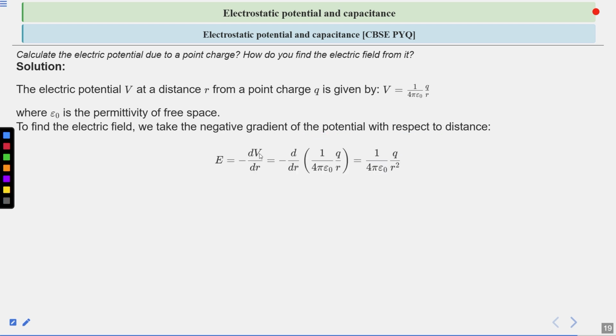So E equals minus dV by dr, equal to minus d by dr of 1 by 4 pi epsilon naught Q upon R. This 1 by 4 pi epsilon naught and this Q are constants, so they come out of the derivative. Only 1 by R remains inside the derivative.